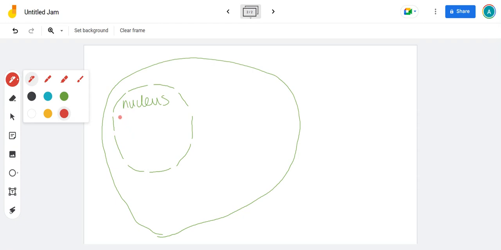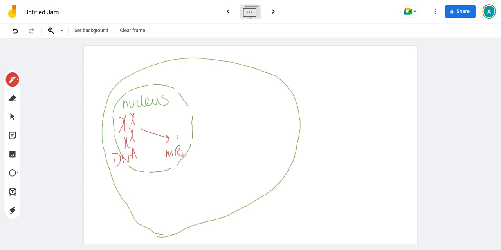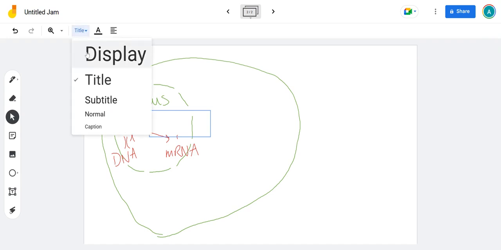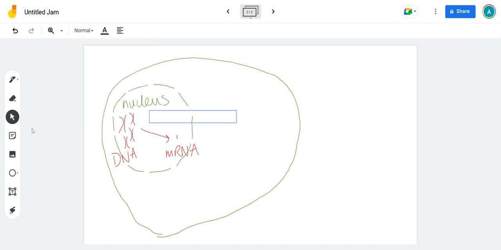So from our whole DNA, all our chromosomes, we're going to make a tiny, single-stranded copy of just one little gene. So these here are our chromosomes made of DNA. And this little tiny molecule here, which is just a copy of one single gene of one single chromosome, is called mRNA. And that process of making a copy of one little tiny gene from one chromosome is called transcription.